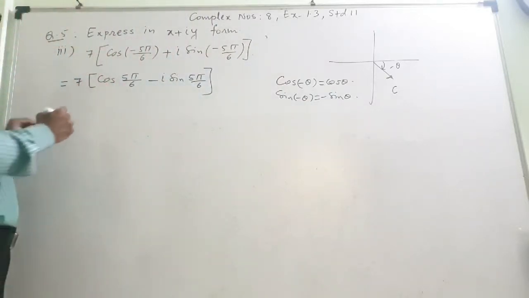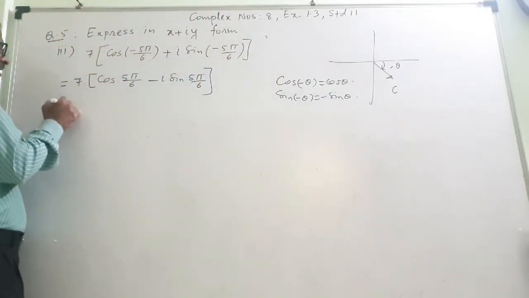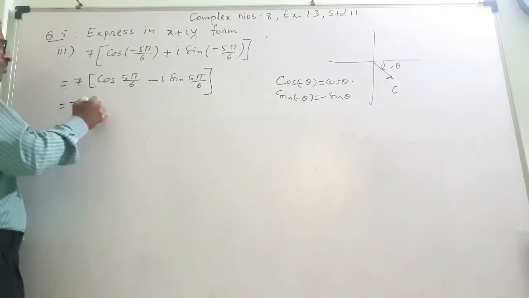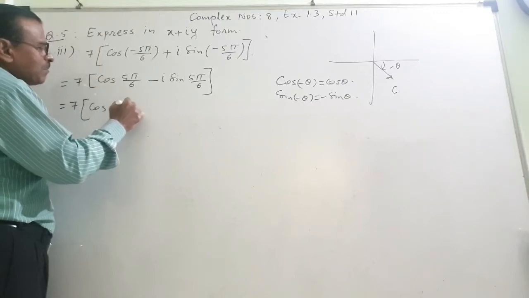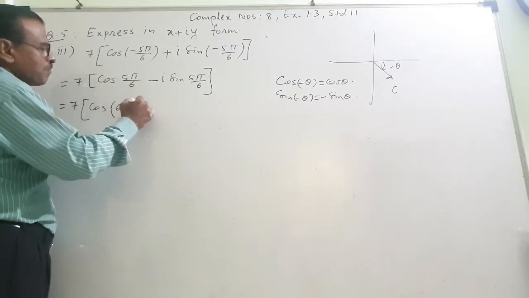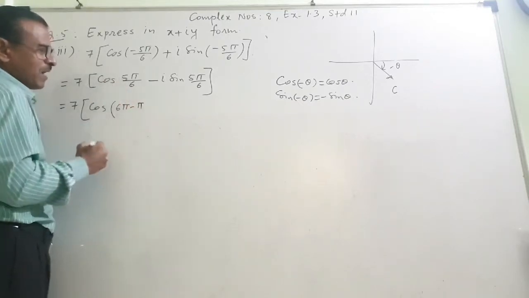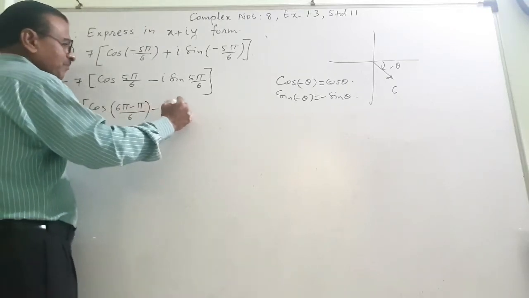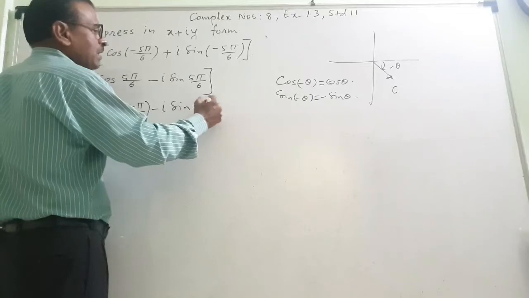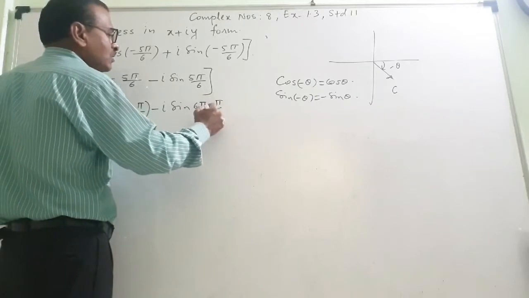Now this 5 pi by 6, that I will write as cos of 6 pi minus pi upon 6, minus i sin 6 pi minus pi upon 6.